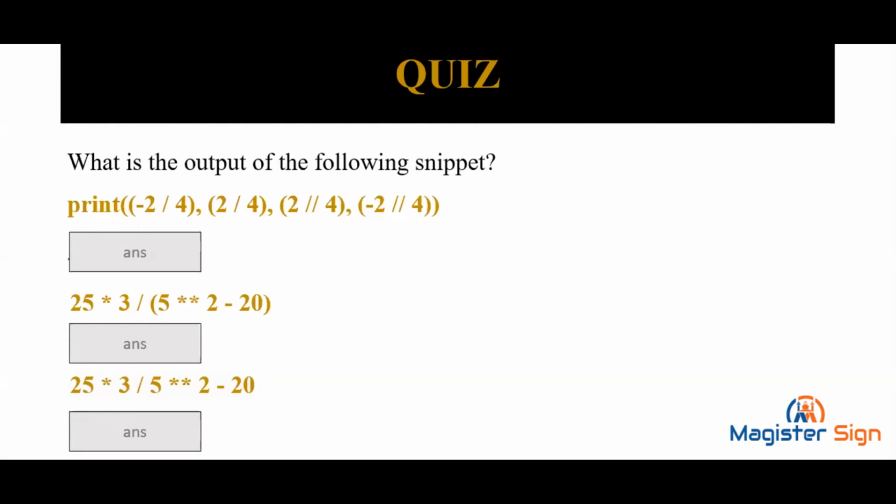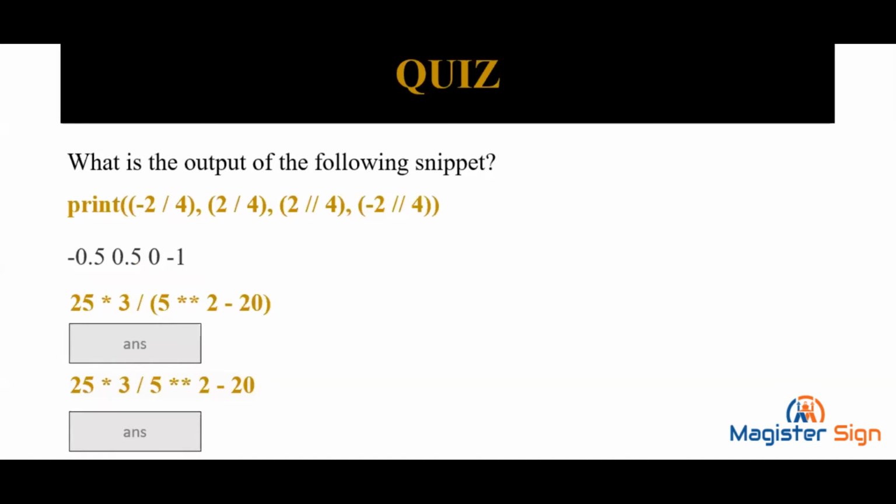Then you have 2 divided by 4, again 0.5. 2 double division by 4 will be 0, and -2 double division by 4 will be -1, because it is -0.5 and the rounding of that should go to the lower value, so it will be -1. So you can see the output as this. Can someone try the next question?